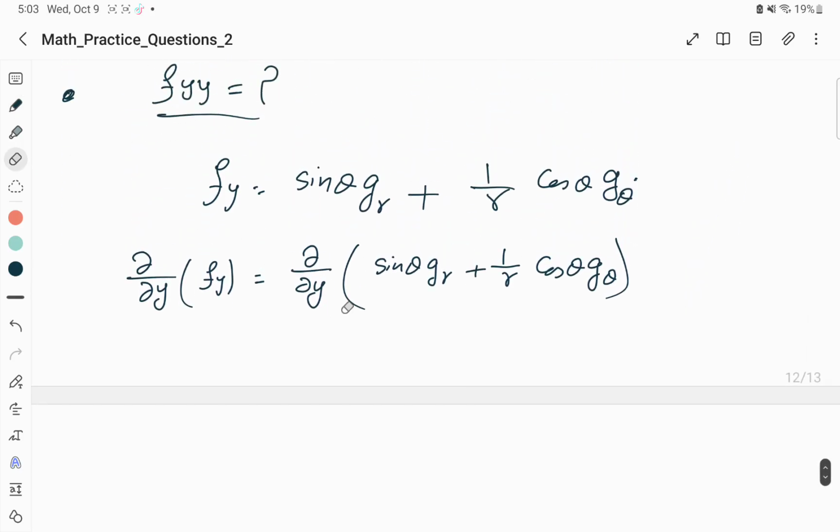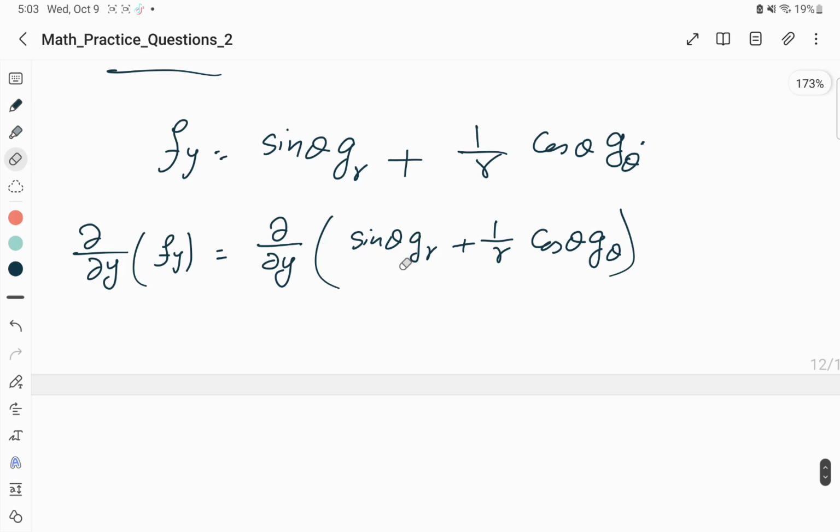And now it is clear that this expression is directly not depending upon y, so we have to apply the chain rule, and on the left we can write f_yy, and this will become partial by, okay, because we can apply the partial chain rule both with respect to r and theta, because y is ultimately depending upon r and theta both.